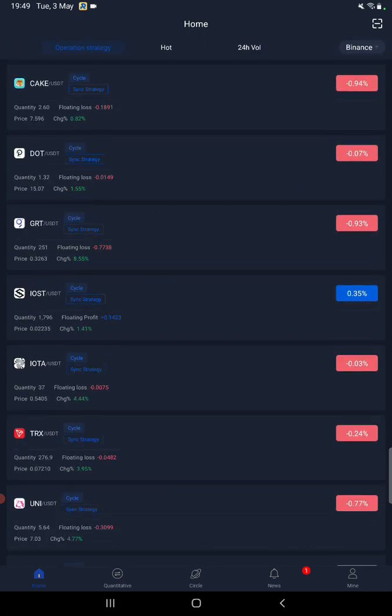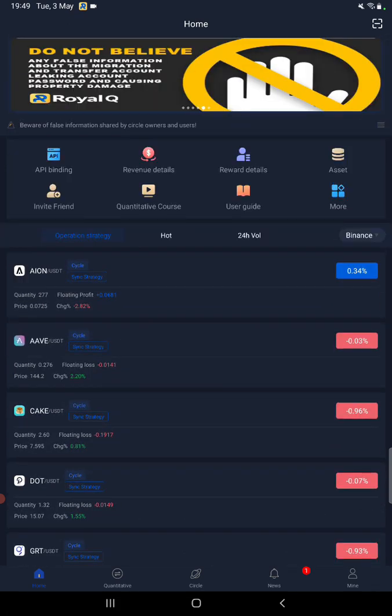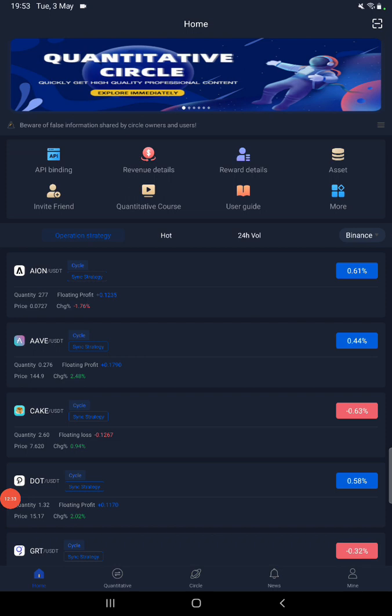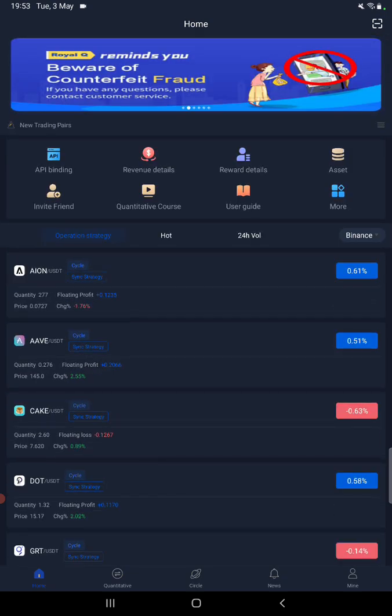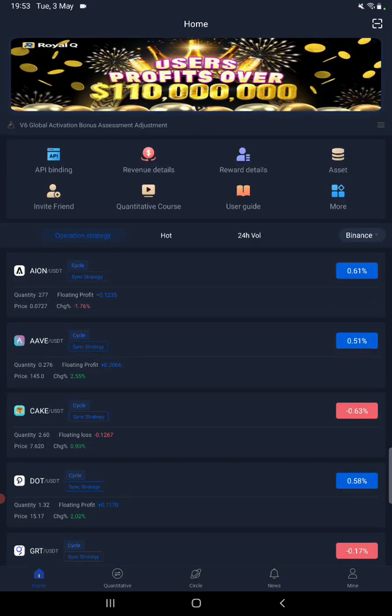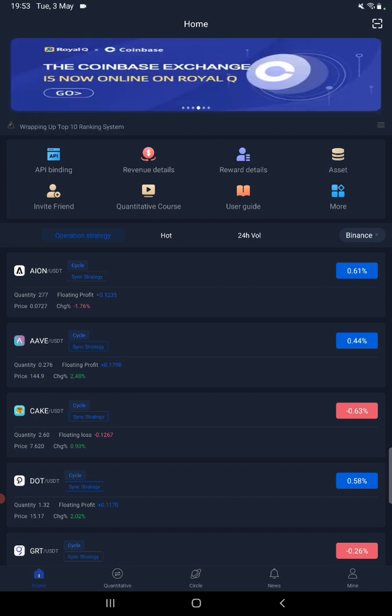So you can see over here, I have about 10 coins. As I mentioned, the rule is that any coin above 0.6%, I would definitely want to go and take the money. Now I want to show you an example here.